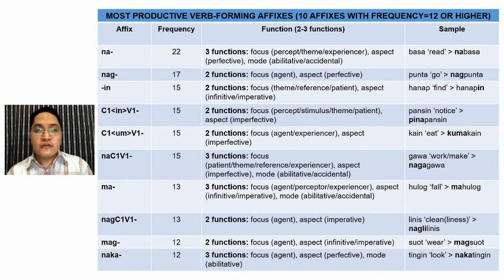A third function, the mode, is also added to some affixes such as na, si1v1, ma, and naka, giving the respective derived verb forms additional semantic information. We can also see a relatively well-distributed frequency count of the verb-forming affixes.